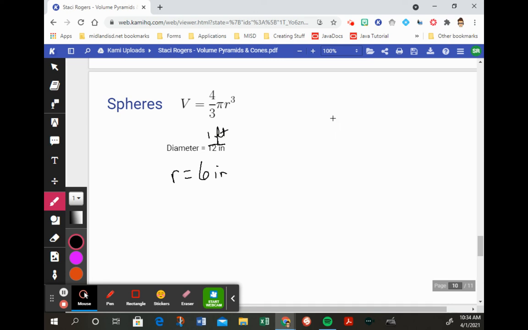Would it still say 6 inches, or would you do 0.5 foot? Would it come out the same? Interesting question. Let's work it out. Let's do it both ways. 6 inches, 0.5 foot.